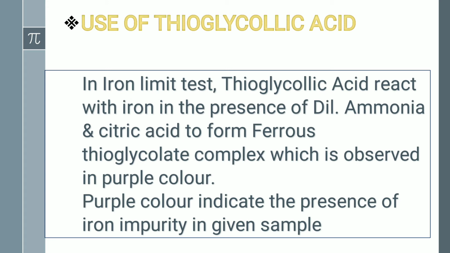Again, one question asked is what is the use of ammonium citrate buffer. Ammonium citrate buffer is alkaline in nature and stabilizes the ferrous thioglycolate complex, which is observed in purple color. So the purple color indicates the presence of iron impurity in the given pharmaceutical sample.